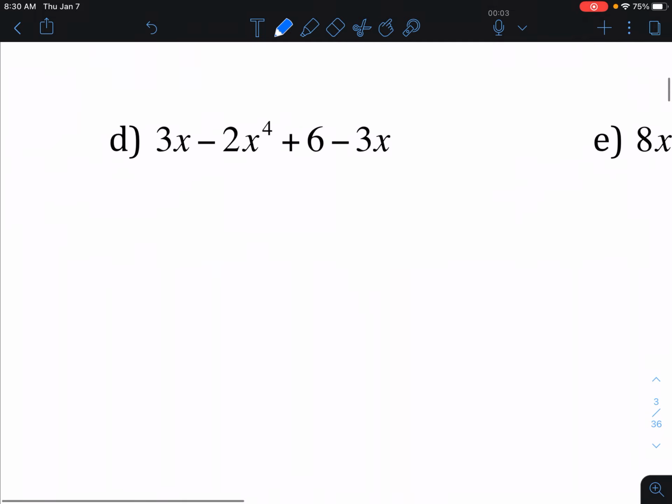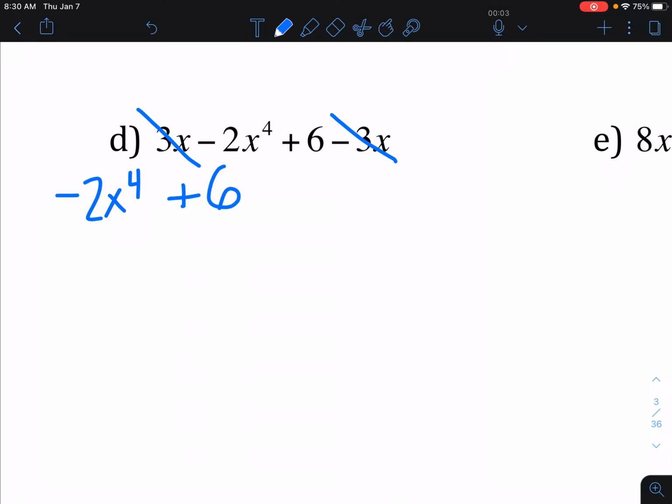Letter D is out of order. First would be negative 2x to the fourth. Now, here's the first problem where you can combine like terms. So that's a very important rule today: do not reorder things until after you combine like terms. The 3x minus 3x actually eliminate, so you're not going to have x's anymore in the problem. So just bring down your plus 6.